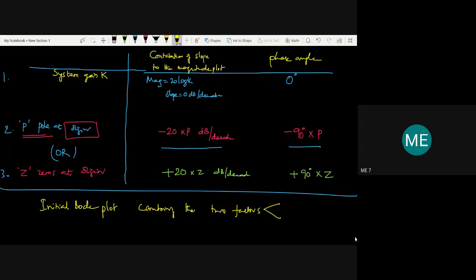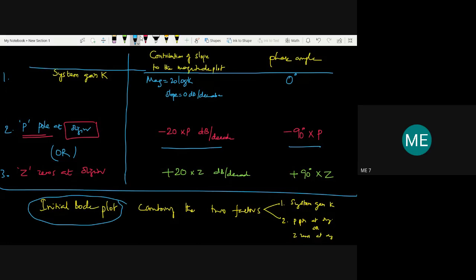One is system gain K. The second factor is either P poles at origin or Z zeros at origin. Combining these two factors, we can plot the initial Bode plot.